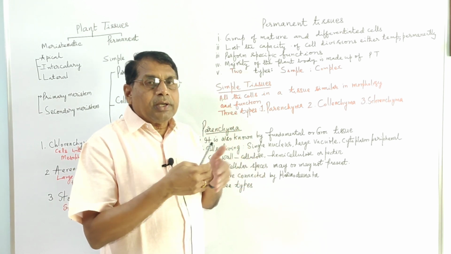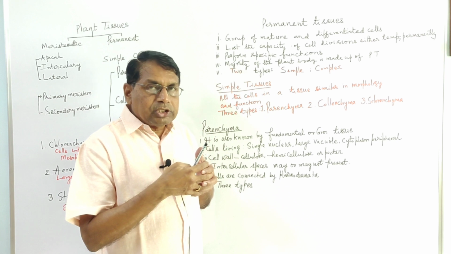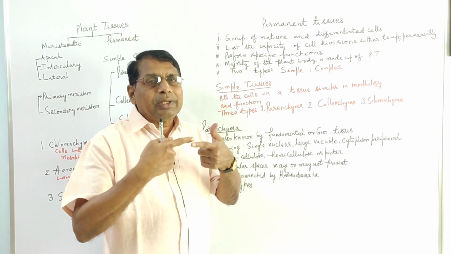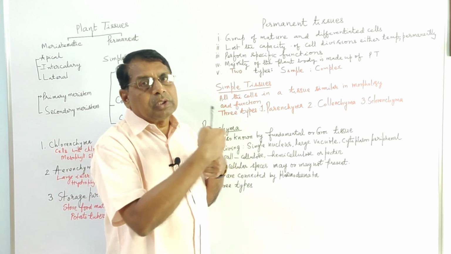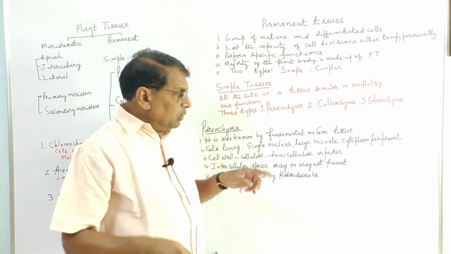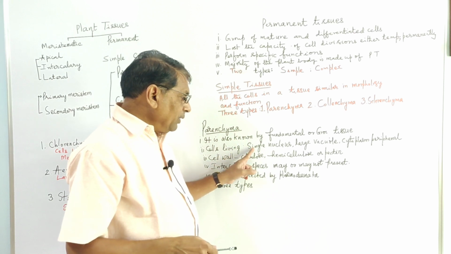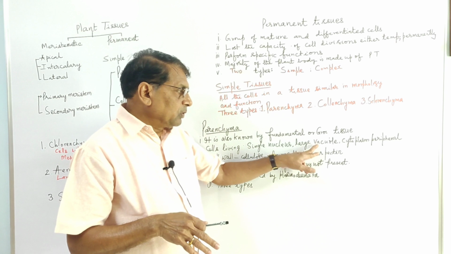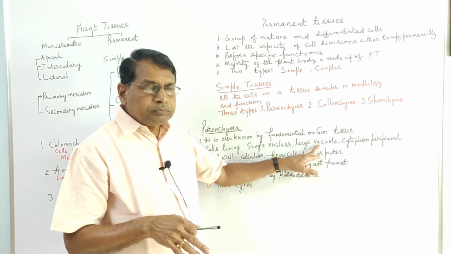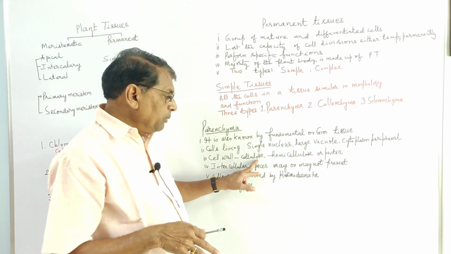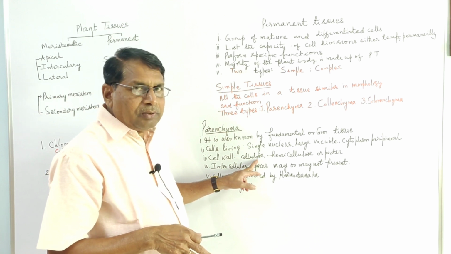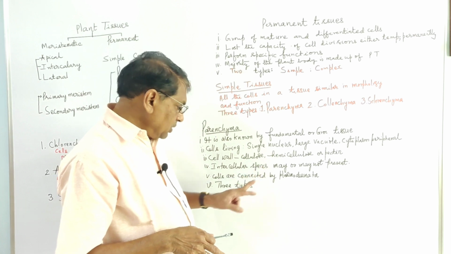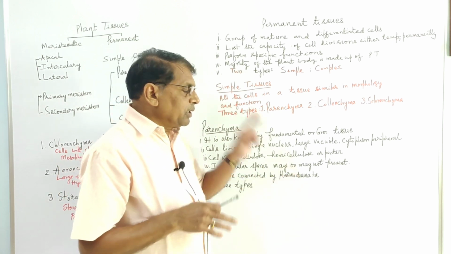The cells are interconnected with each other by means of plasmodesmata, minute connections which pass through the pits. So these are the characters: cells are living, possess a nucleus and a large vacuole, have a cellulose or hemicellulose cell wall, intercellular space is present, and cells are connected by plasmodesmata.